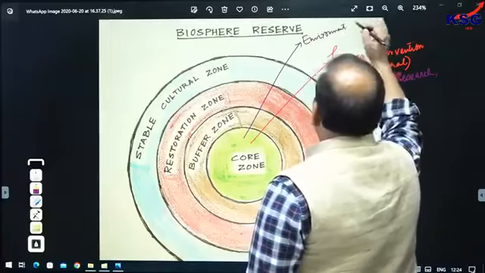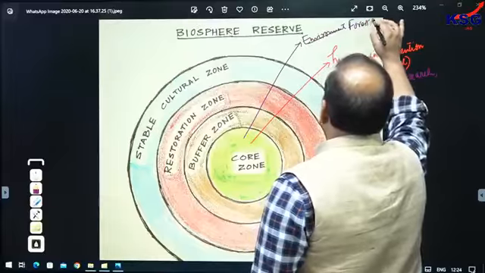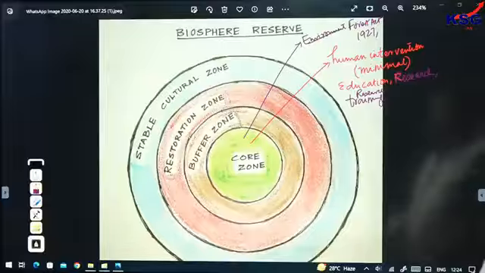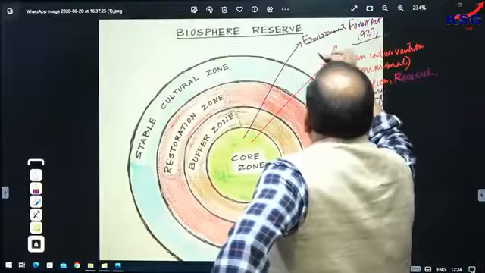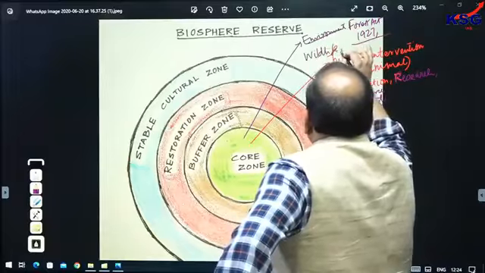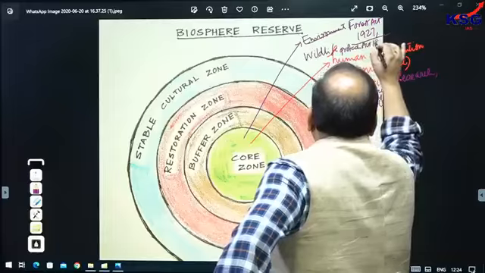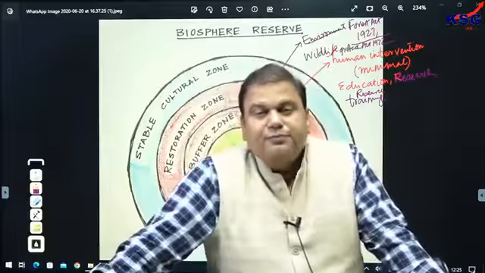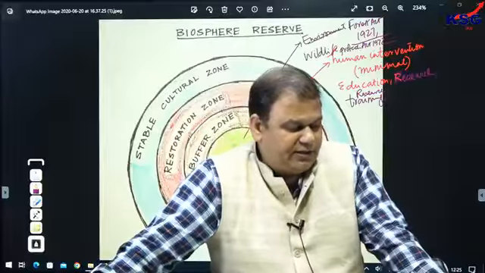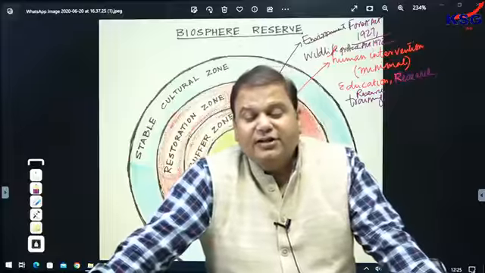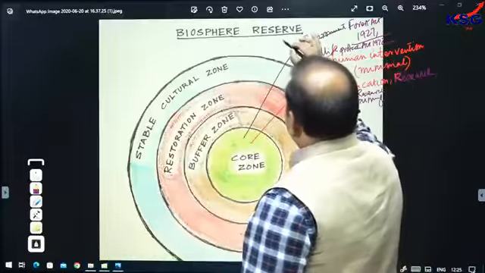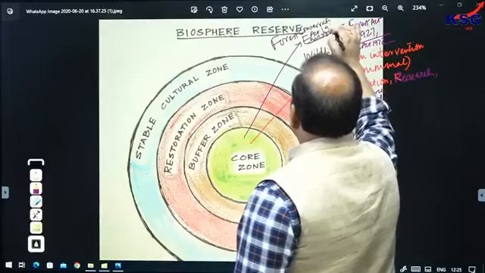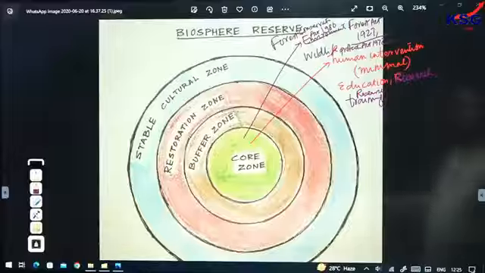The Forest Act of 1927, the Wildlife Protection Act 1972, and the Forest Conservation Act 1980. So that's about your core zone.